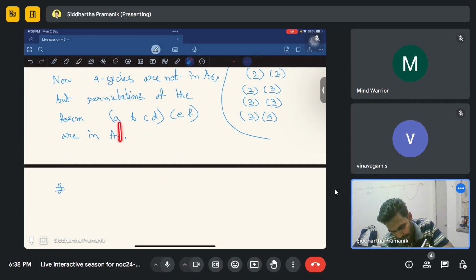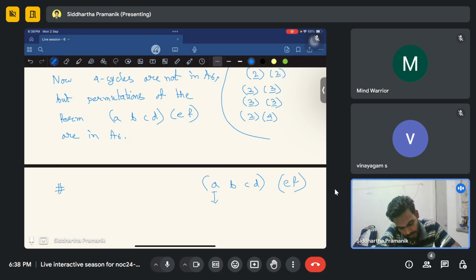Let me write it here: A, B, C, D, E, F. So A has 6 choices, B has 5 choices, C has 4 and D has 3 choices, and E has 2 choices, F has 1 choice.